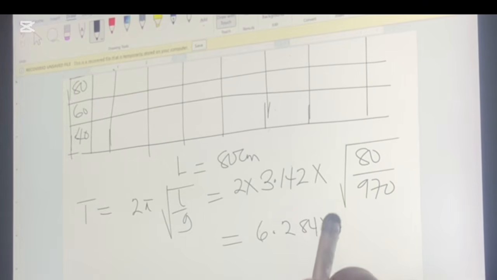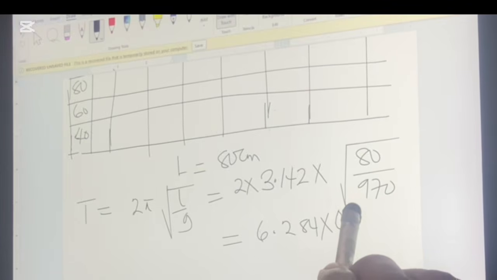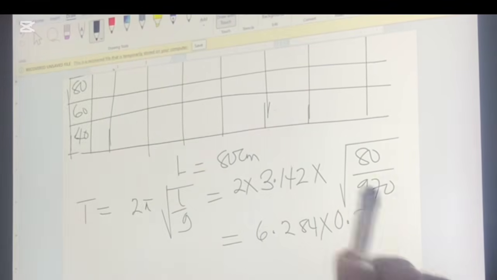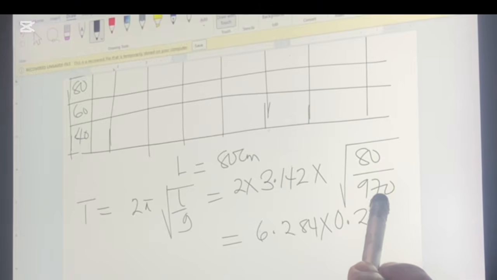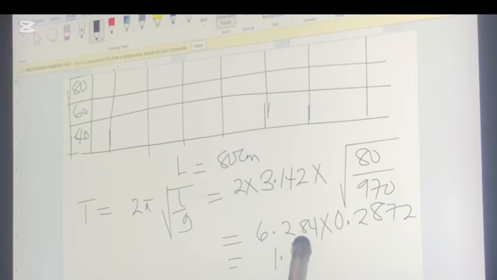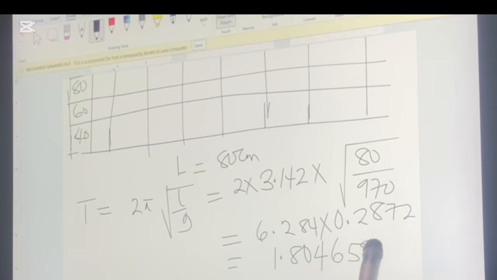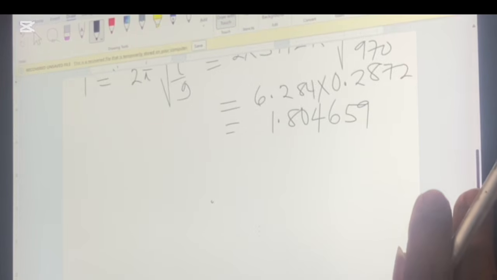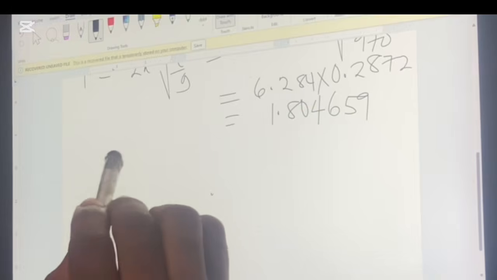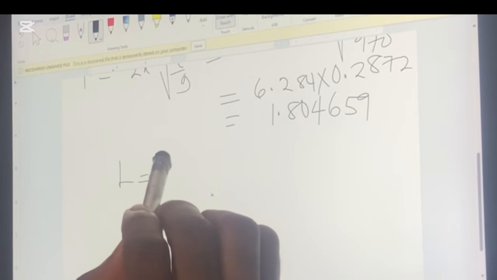The square root of the answer gives us 0.2872. So our answer here is 1.804659.